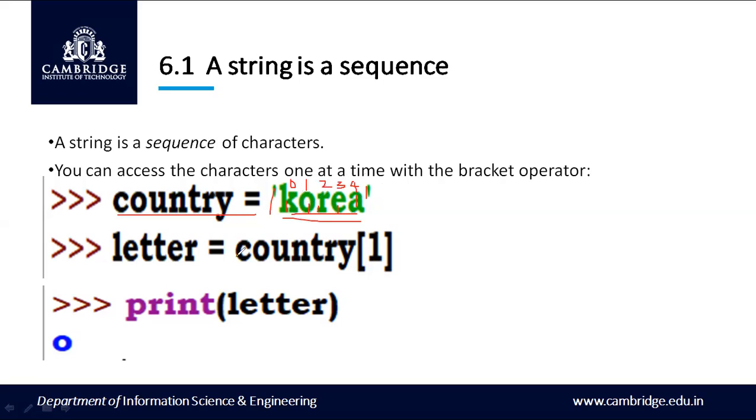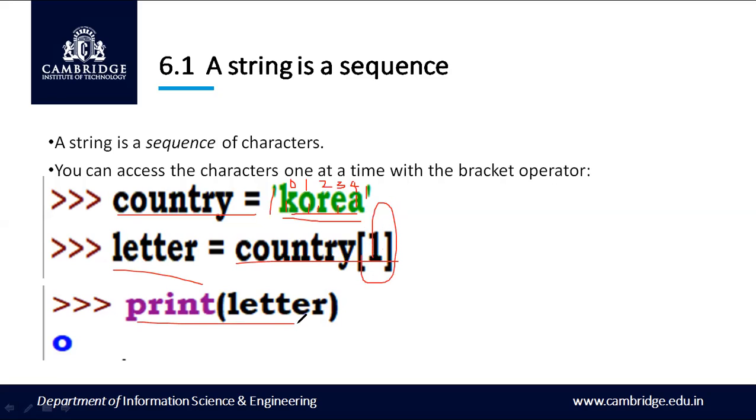If we want to know which characters are present at which positions, we can do it using the square brackets. Here I've taken another variable, that is letter, and I'm going to check the position of the first character. Which character is present at position 1? Using the square brackets, you can access the characters.